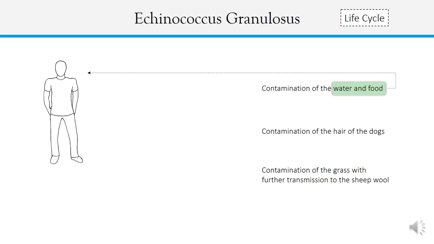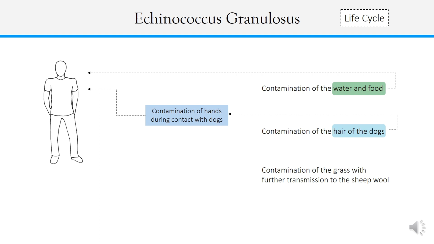In this schematic illustration, you may see that a human may be infected by drinking contaminated water and food. Also, in case eggs are located on the hair of the dogs, a human may be infected through contamination of hands during contact with dogs.